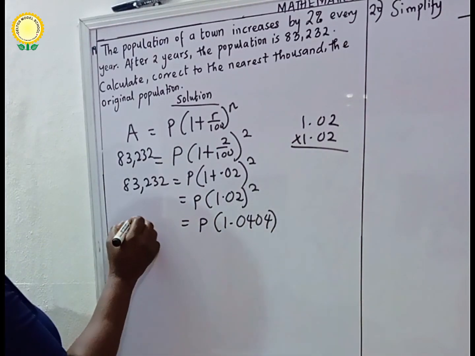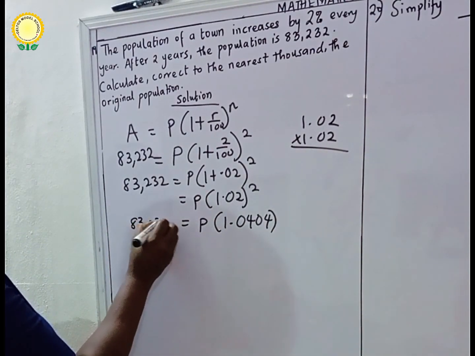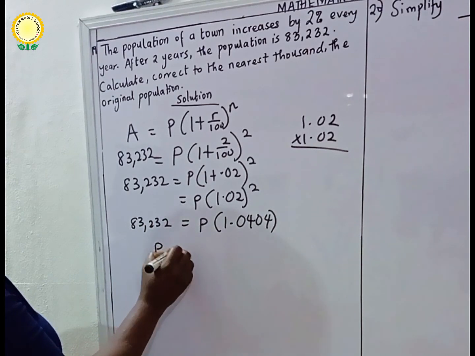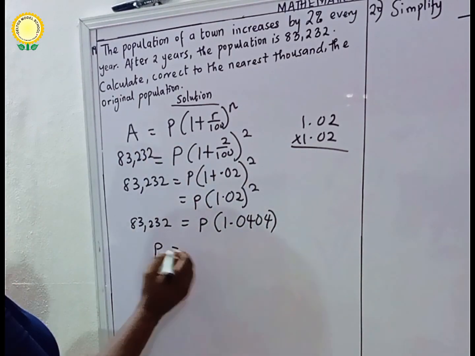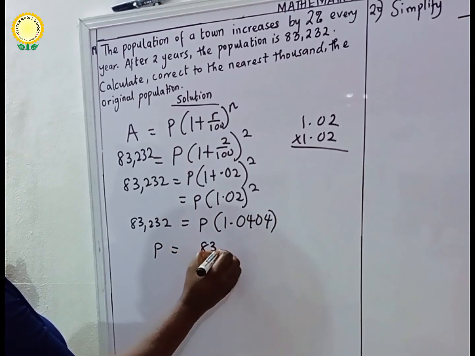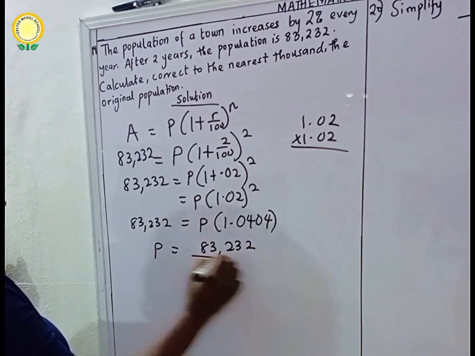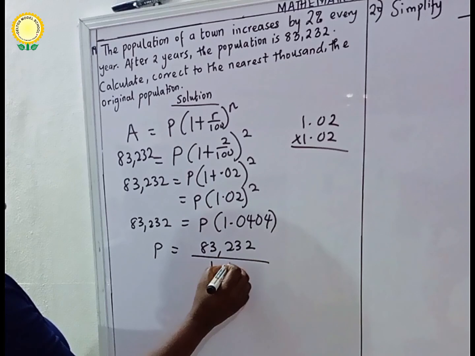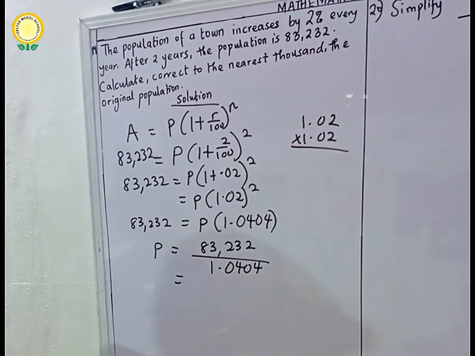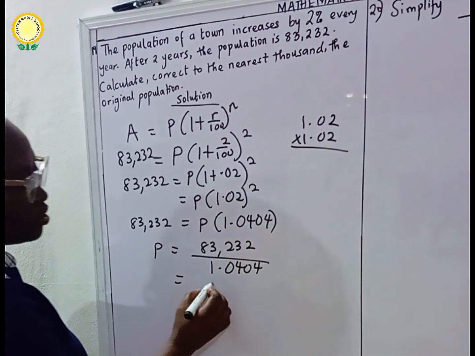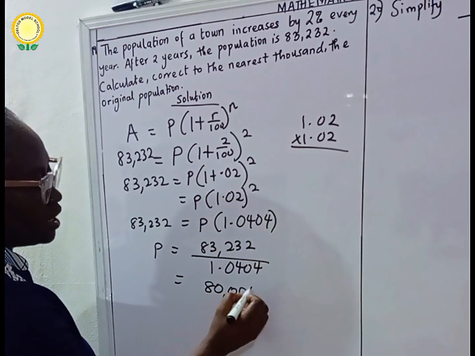Alright, so we make P the subject of this formula because we are trying to find P. We bring everything here and we bring this there because the unknown should be on the left hand side. So that will give us 83,232 over what? 1.0404. When you simplify this, you are going to get 80,000.